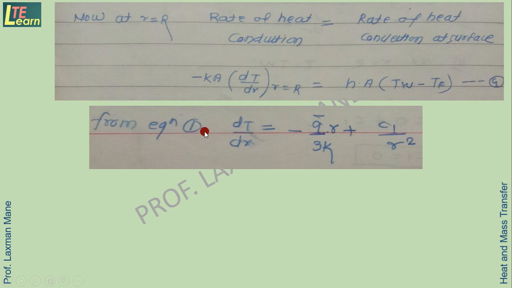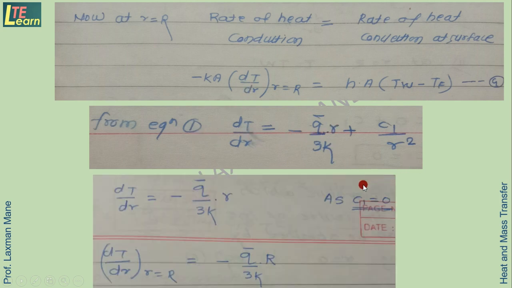From equation 1, this dT by dr, we have this equation. As C1 is equal to 0, this term becomes 0. So dT upon dr, this expression we get. This expression at small r is equal to capital R, so we find this equation.